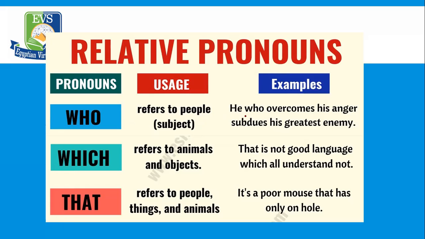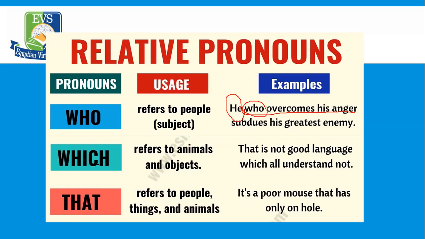Here is the relative clause describing the subject. There is the subject here, he. Where's the clause? Who overcomes his anger? This is the relative clause starting with the relative pronoun who for persons.